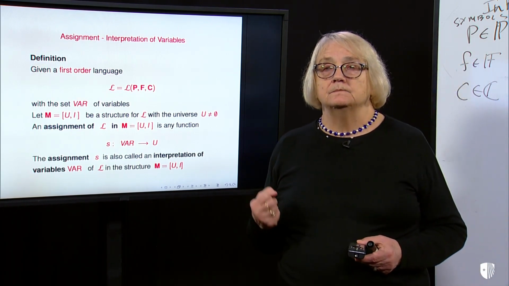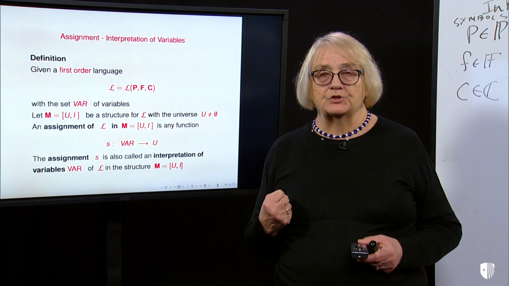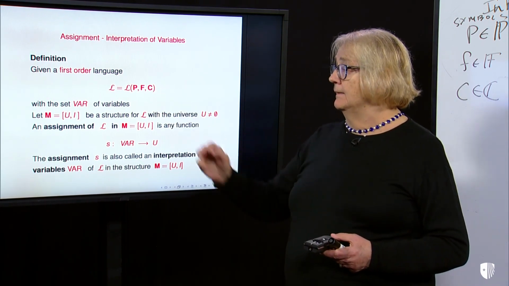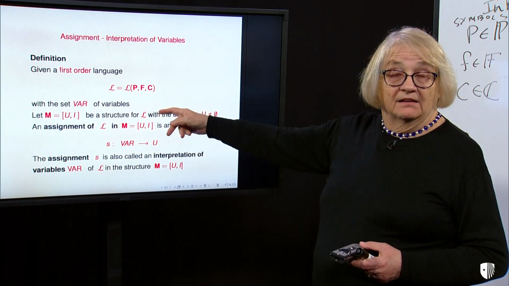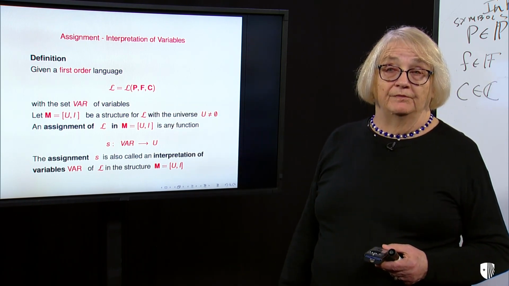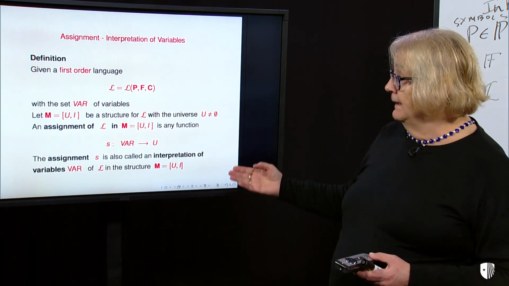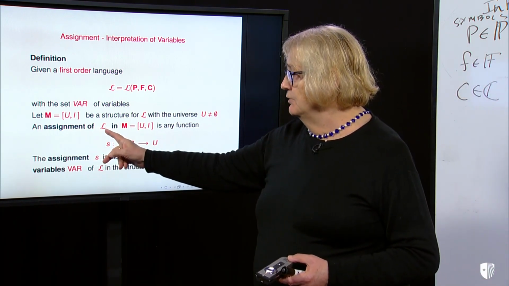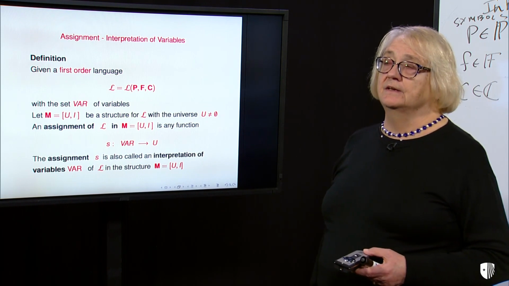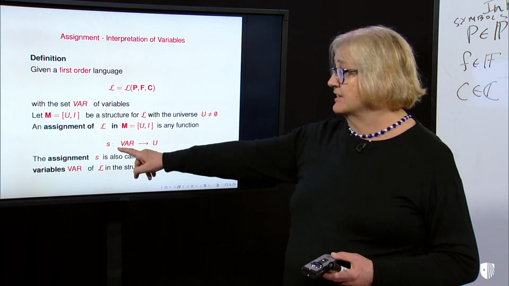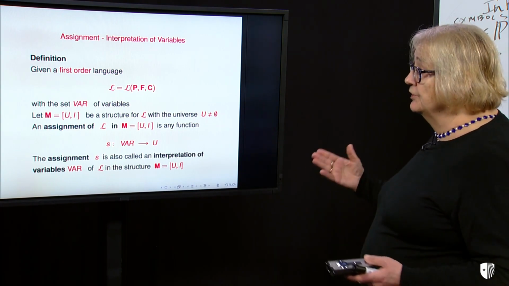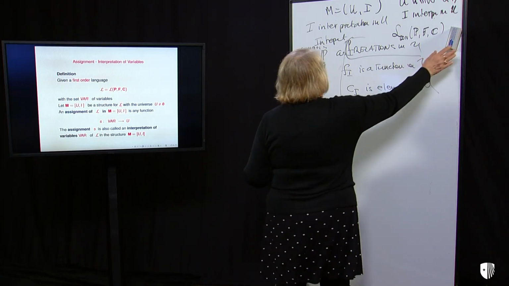So the second part, which is very important: given our language with the set of variables, we defined assignment of language in the structure. It is any function S which takes variables and returns elements of the universe.